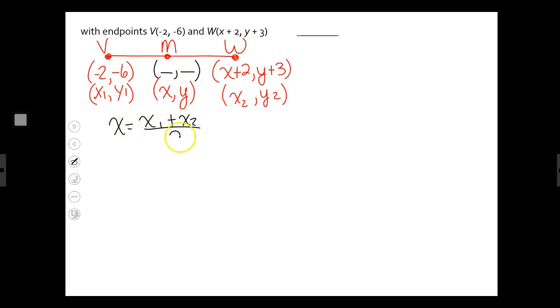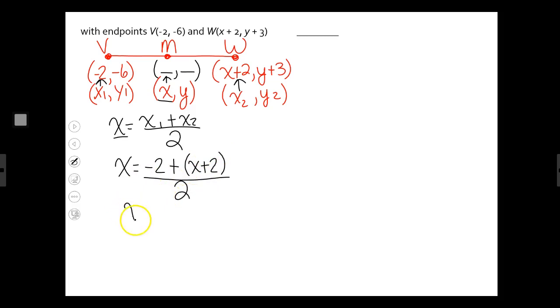All you are doing is taking what you have and plugging that in to solve what you don't have. So here we don't have x. It's just x equals x1, which is negative 2, plus x2, which is x plus 2, over 2. Nothing changes. You can only substitute where it's supposed to be.